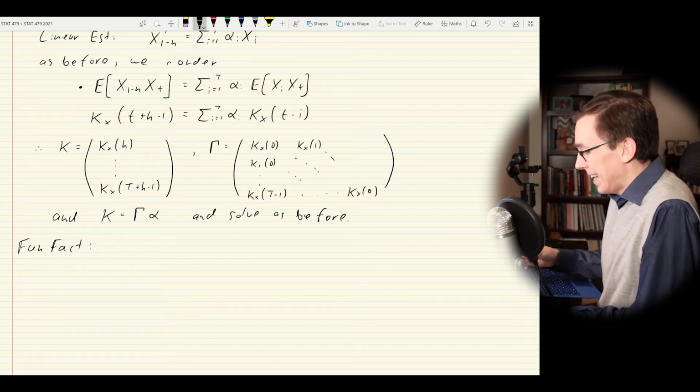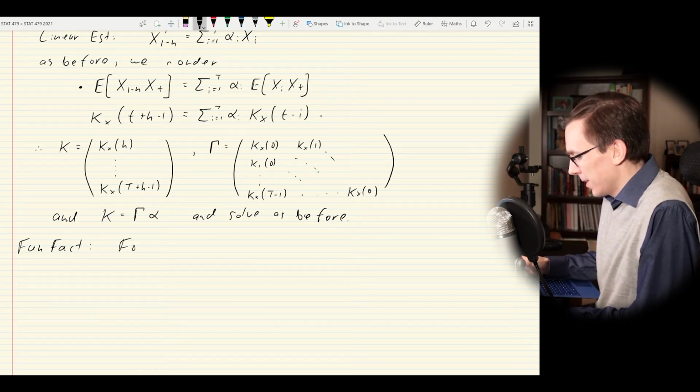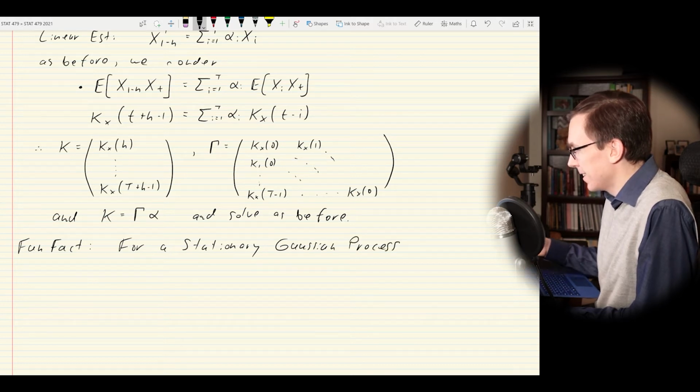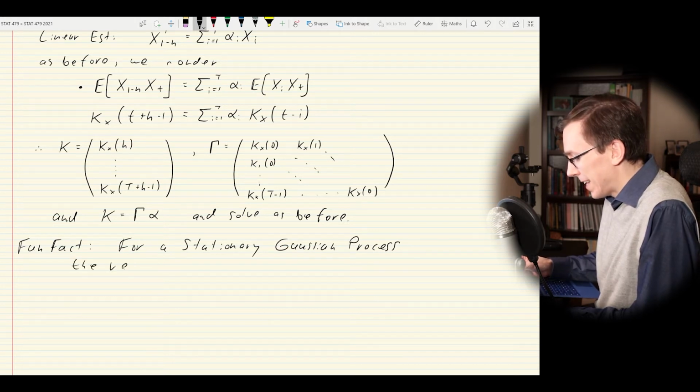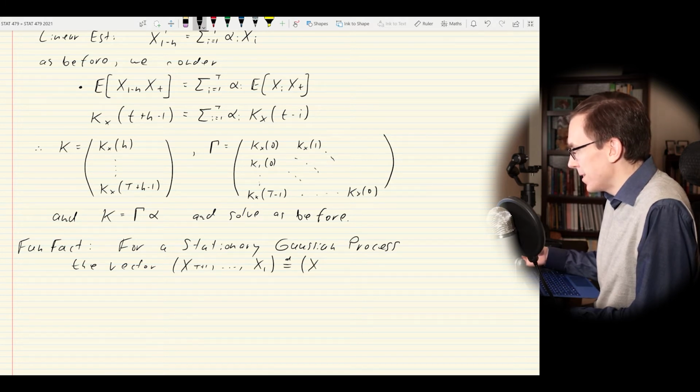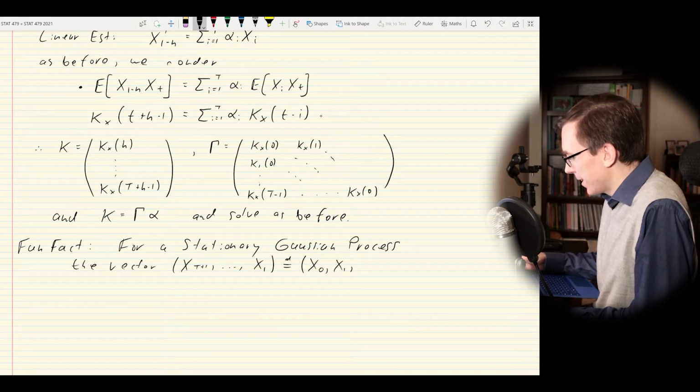So we have one more fun fact, and that is for a stationary Gaussian process, the vector x T plus 1 through x 1 is equal in distribution to the vector x 0, x 1, through x T.